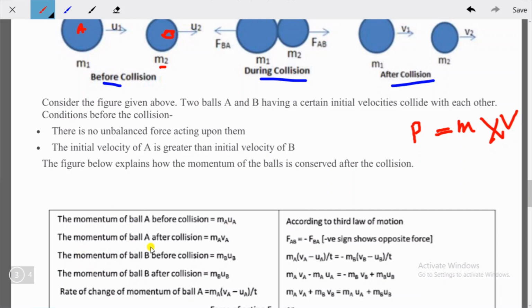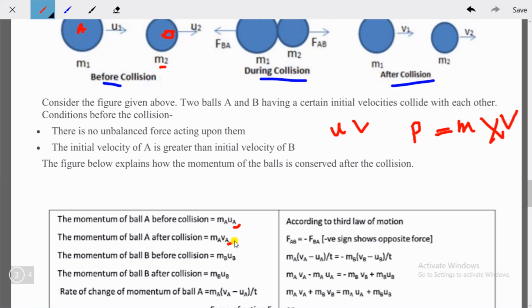Then the momentum of ball A after collision. Initial velocity we denote with U, and final velocity we denote with V. So the momentum after collision is mass into velocity. The mass MA is not changing, but the velocity changes. Initially it was UA, and now it is VA, because it is the final velocity.